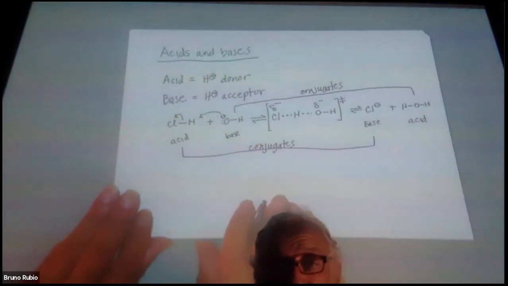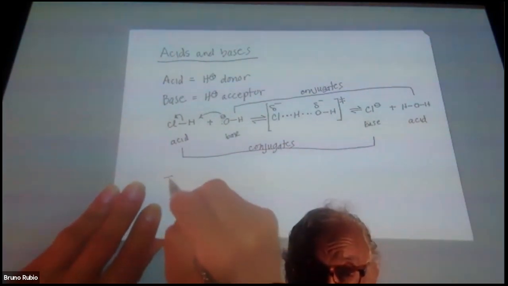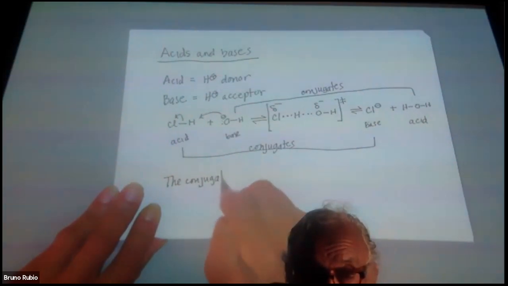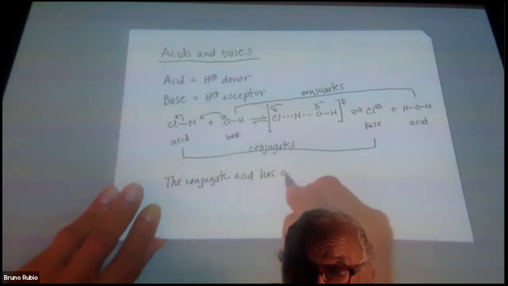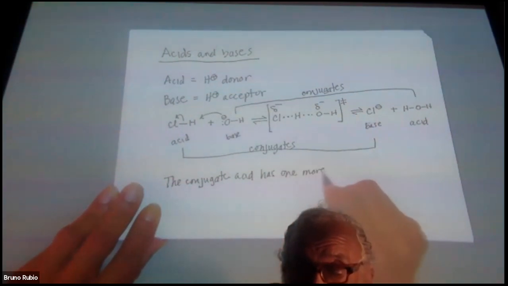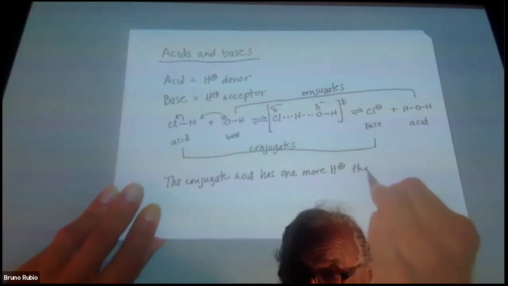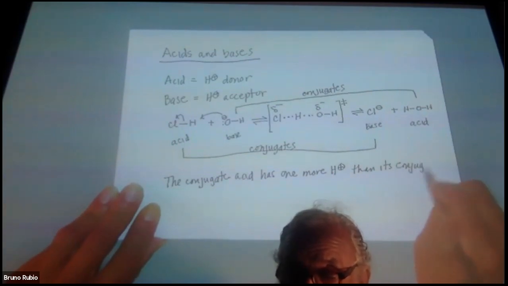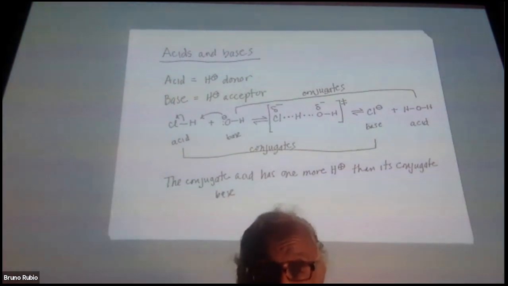And a quick and easy way of recognizing conjugates is that the conjugate acid has one more H plus than its conjugate base. So if you look at HCl and Cl minus, they are conjugates.